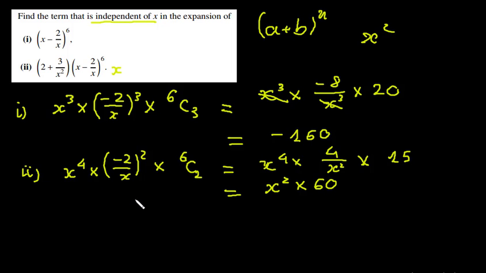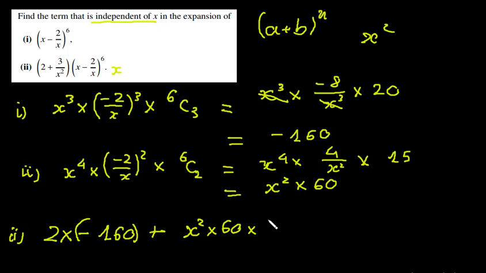And now we will find the term independent of x, which will be 2 multiplied by minus 160, because they are both independent terms and contain no x, plus x squared multiplied by 60 multiplied by 3 over x squared.